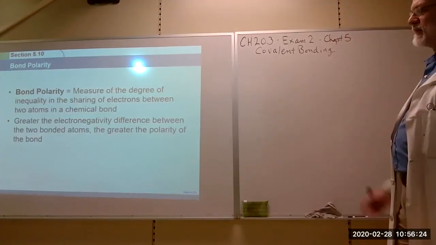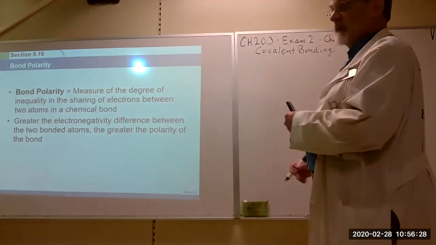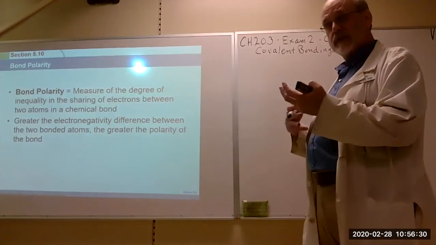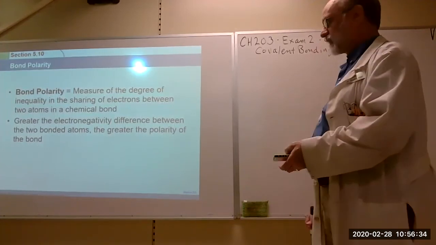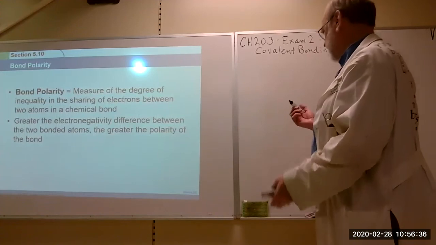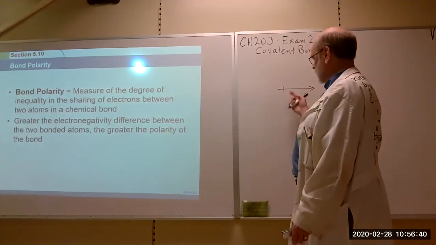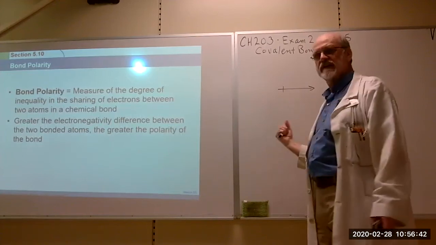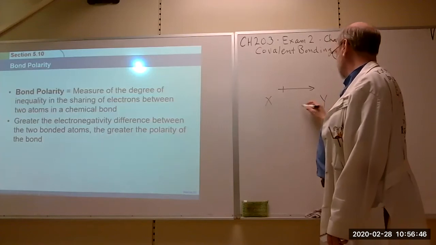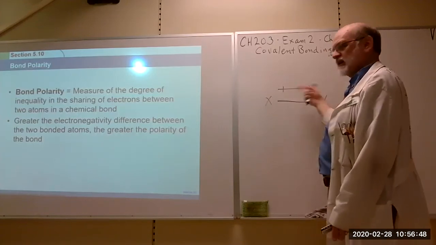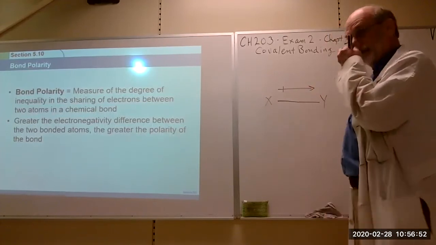So now back to the topic of bond polarity. If one is stronger than the other in an electron attraction, it creates a polar bond. And we designate that polarity with an arrow with a plus. So that's the plus end, this is the negative end. And that's assigned to a bond between two atoms. So if this one's more electronegative, it'll be like that.